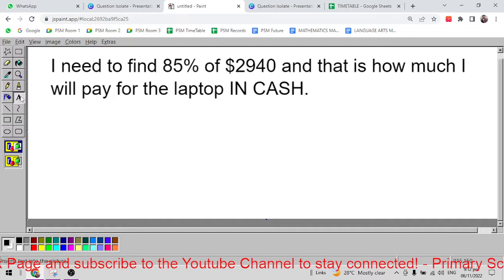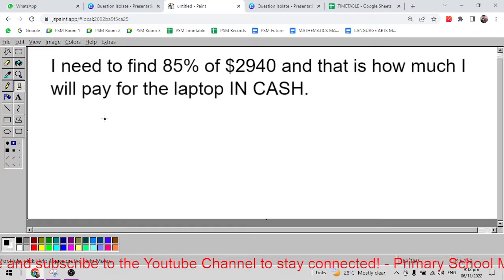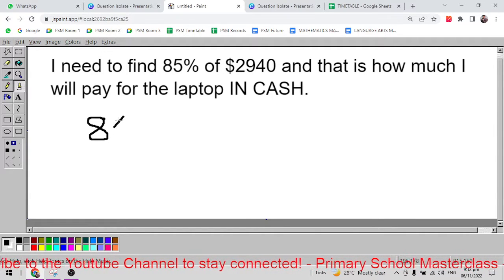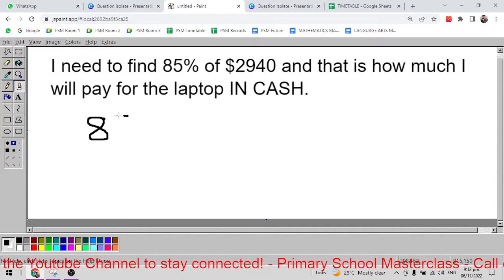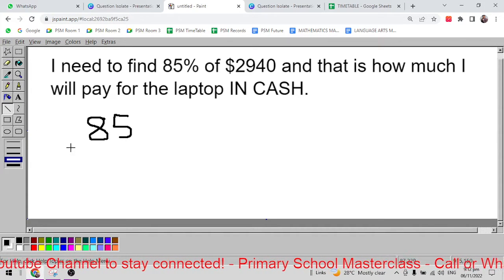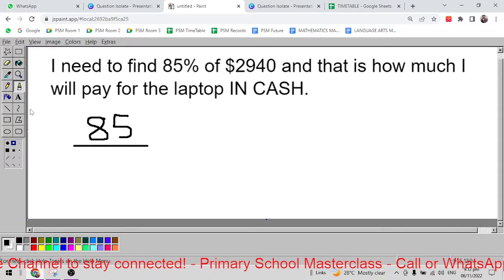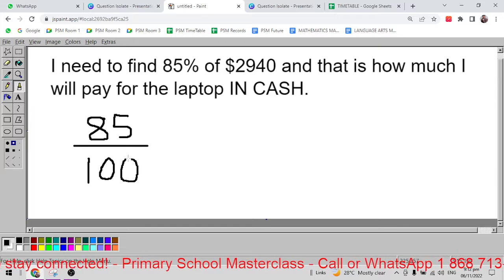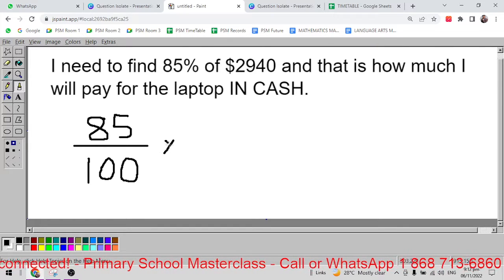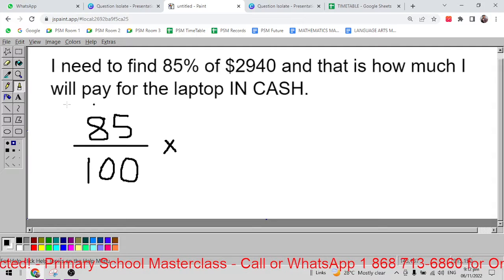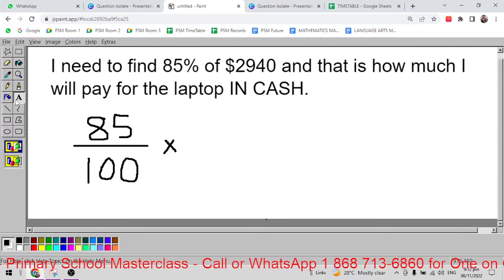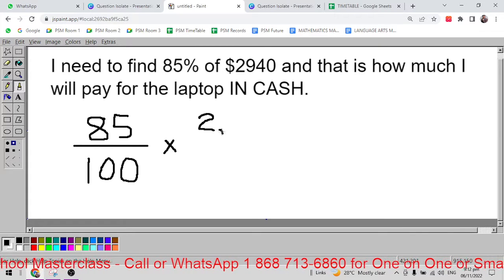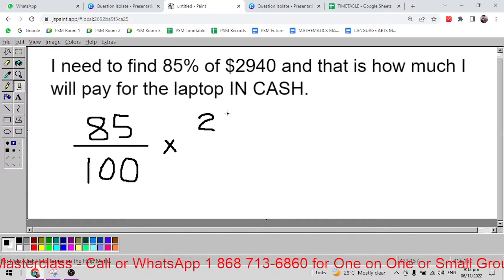So what I'm going to do is say 85%, put the 100 down here. I'm moving very slow, so if you are writing this in your book, you can do that if you want. 85%, and the number I want to find the percentage from, let me take out the comma, would be 2940.